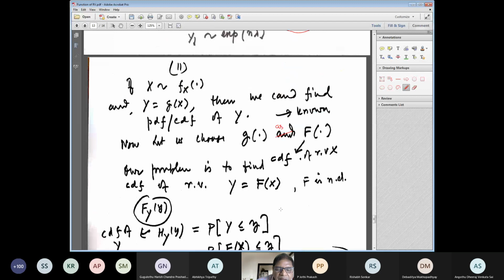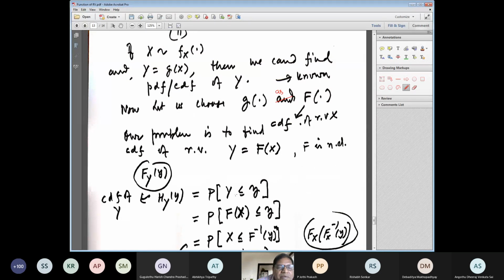Having done that, lastly, what we are going to discuss is this: given a random variable X, we know how to find the density function or distribution function of the new random variable Y equal to g(X). And we have seen the result that if g is a monotonic function, then how to get that result.